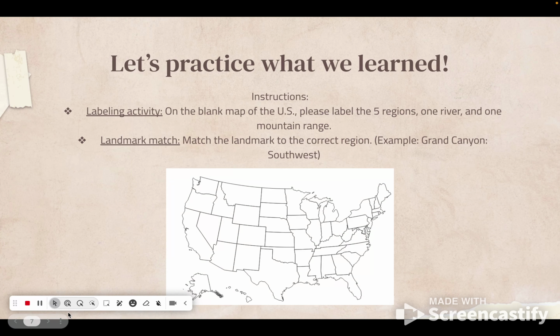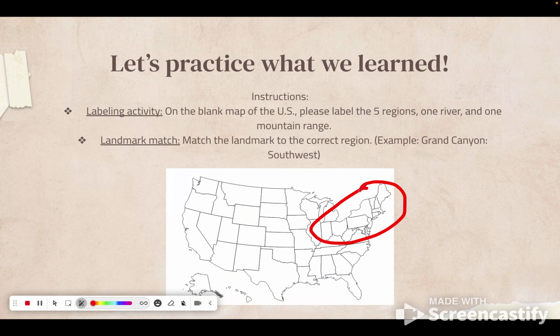Moving on, we are going to now practice what we just learned. So we are going to be doing a labeling activity, and on the blank map of the U.S., I would like for you to label the 5 regions, 1 river, and 1 mountain range. You can just take your pen and just label it as so, just kind of circle it like that maybe.